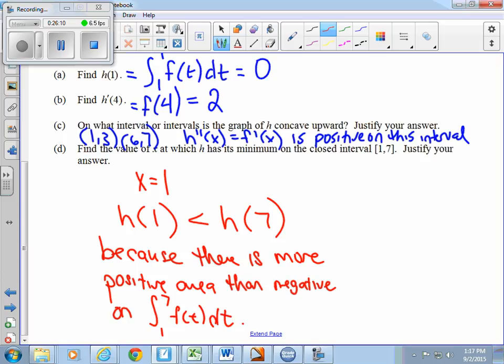There's more positive area than negative area on the integral from 1 to 7. So I'm accumulating more area after 1 than I was before.